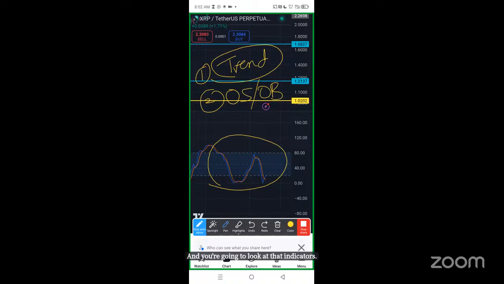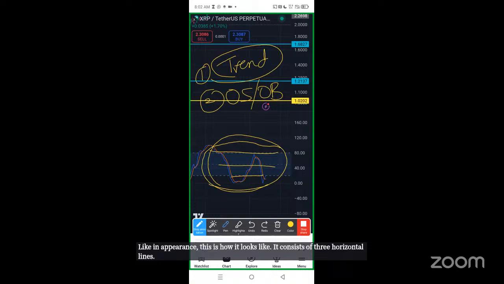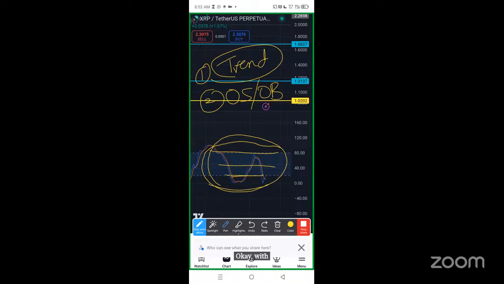Now, first of all, this stochastic RSI, in appearance, this is how it looks. It consists of 3 horizontal lines, with the lower one, if you go by the default setting, at 0.2. If you convert it into percentage, it is 20%.